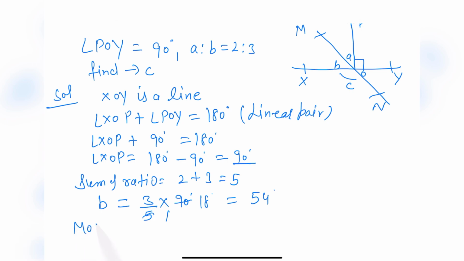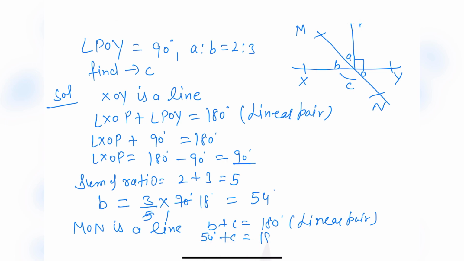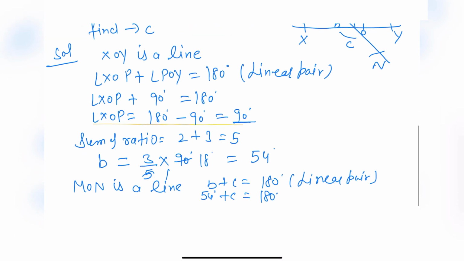Now MON is a line. So it means B plus C is equal to 180 degrees, linear pair. As we already found the value of B, that is 54 degrees, plus C is equal to 180 degrees. So C is equal to 180 degrees minus 54 degrees.